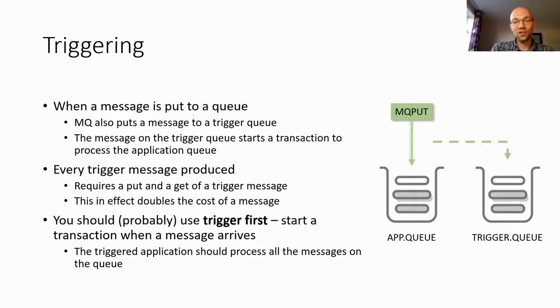On your queue definition, you can choose several different times when your trigger message is generated. You can choose whether you want your trigger message created the first time a message is put to a queue, so that's when the queue depth goes from 0 to 1.